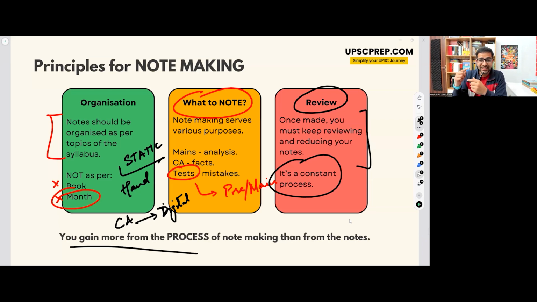Right? So this is something that happens along the way. Right now, you may be very confused about what is repo rate, what is the purpose of repo rate. You do 1 year of serious preparation, you will not forget that. So maybe you don't need to make the note of repo rate, but maybe you need to make the note of what is dependent on the repo rate. You're getting this idea? Did that make sense to you?